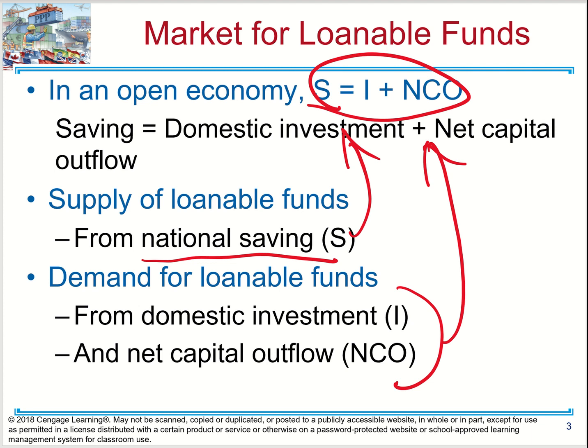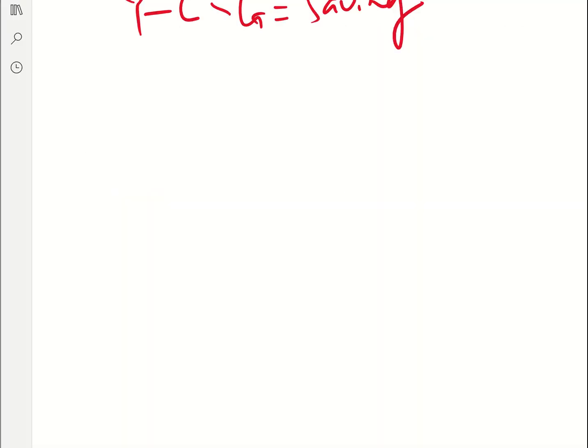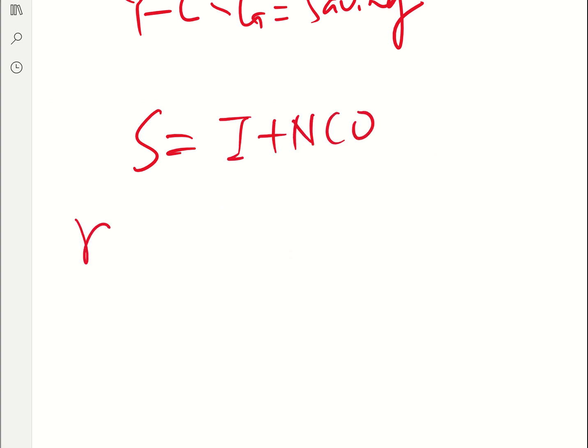market. This equal sign is not a hard equal sign, so it doesn't mean that saving always equals I plus NCO. Especially when you have a change in the interest rate, this wouldn't be equal anymore. So don't think of this as 1 plus 1 equals 2. Think of this equation more like me telling you, my wife always loves me, right?